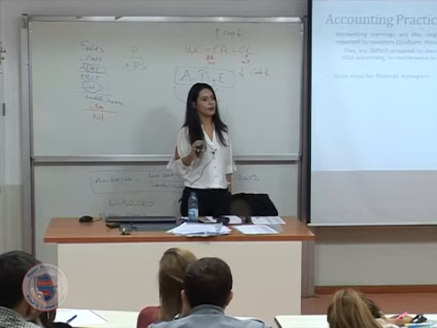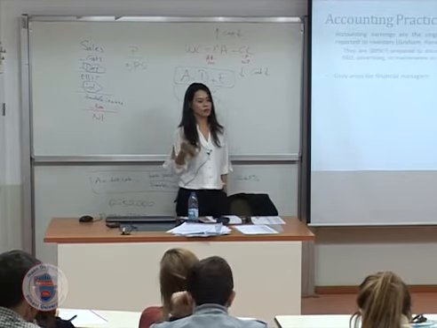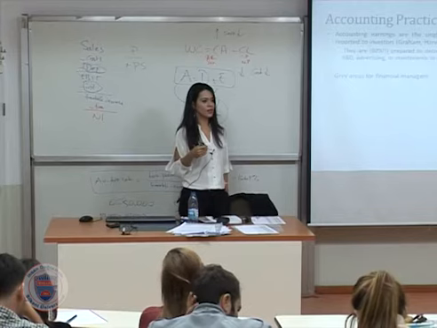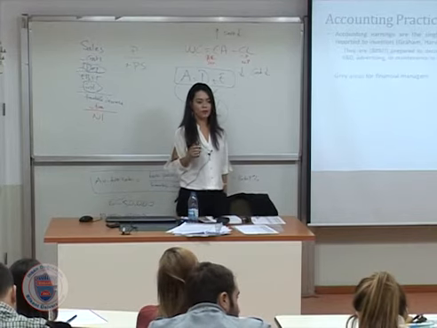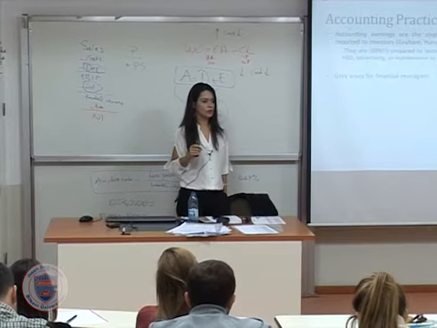Suppose they guess their earnings per share will be, let's say, 20, and it happened to be 19.5. What happens? Bankruptcy?